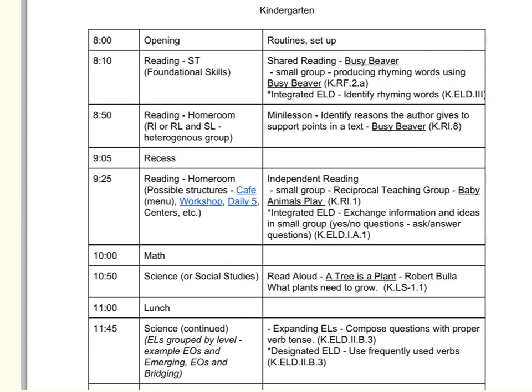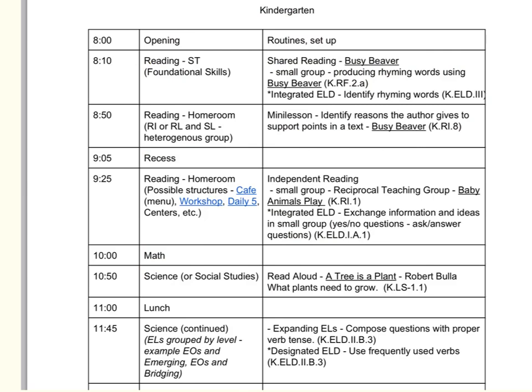Okay. So after that reading time, there's math during your day, and what may be different here is that science portion, which could be social studies as well, where there is a tie to the big idea that Busy Beaver came from, that maybe Baby Animals Play came from, A Tree Is a Plant. We're looking at the relationships of plants and animals and connecting it throughout the whole day.